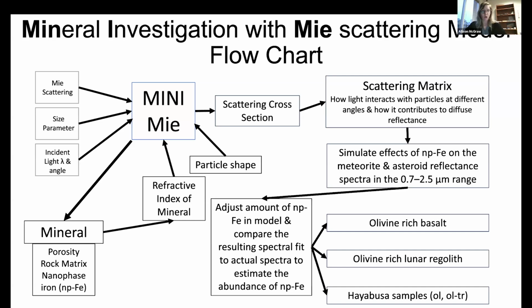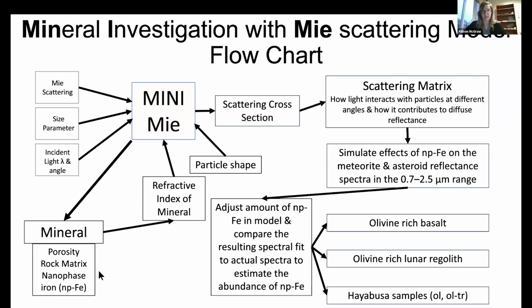And so I hope to use a Mie scattering model, which has parameters such as the size of the wavelength coming in and the incident angle of that wavelength coming in, which also is fed in by the mineral that I'm actually investigating, which has porosity components, the rock matrix that it is, and particularly the nanophase iron. This also includes a refractive index for that particular mineral, as well as some particle shapes.